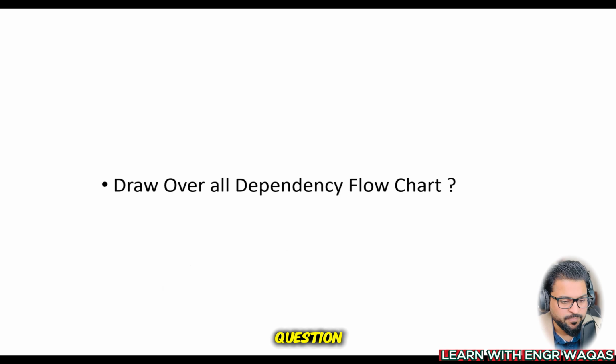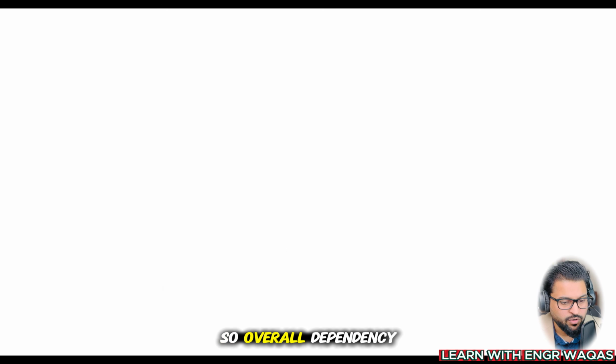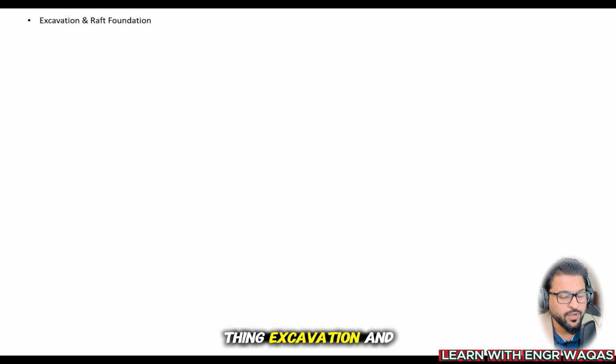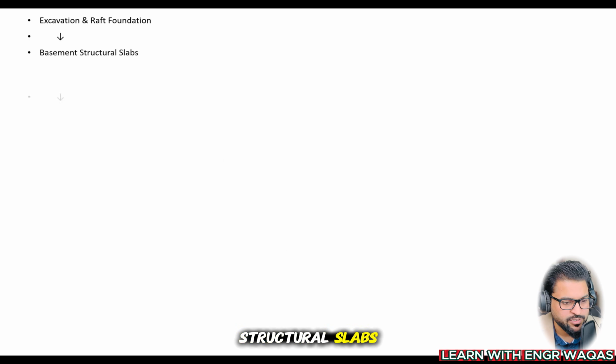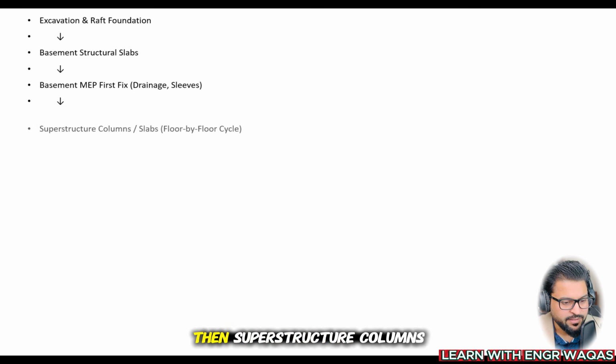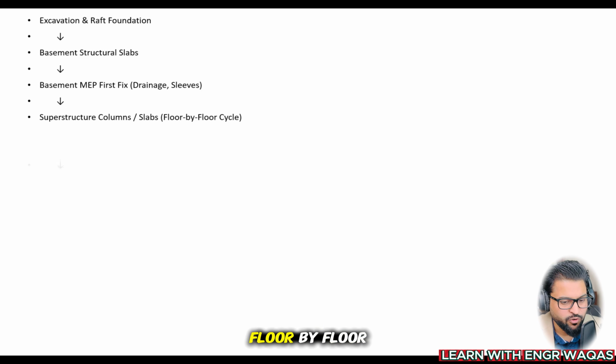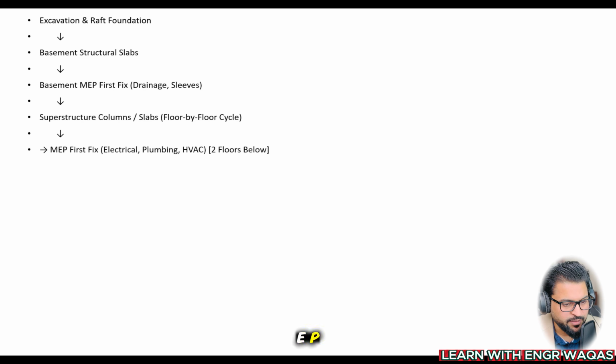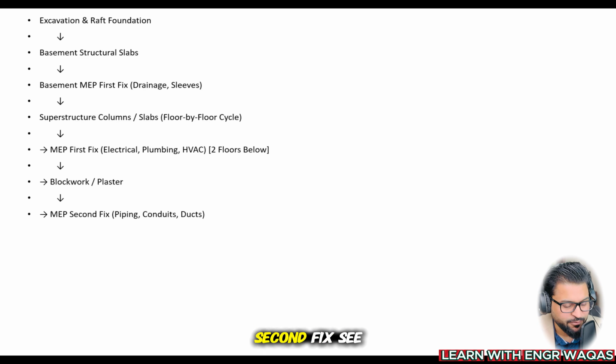Then the third question: draw the overall dependency flow chart. So the overall dependency flow chart is like this. This is important. Excavation and raft foundation. After that, basement structural slabs. After that, basement MEP first fix, then superstructure columns floor by floor, then your MEP first fix for that superstructure, then block works, then again your MEP second fix.